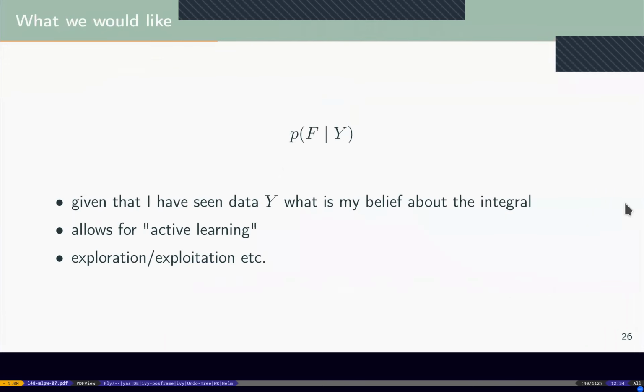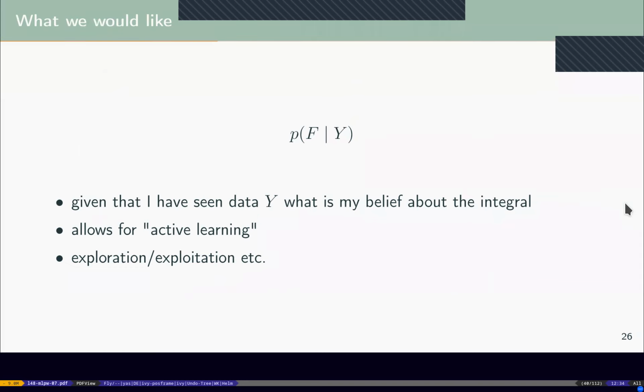So what would I ideally want? Ideally, I would want the conditional distribution of the integral value given the observations that I'm taking. If I have this distribution, I have an objective that I can follow, right?